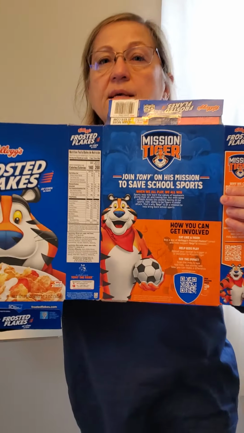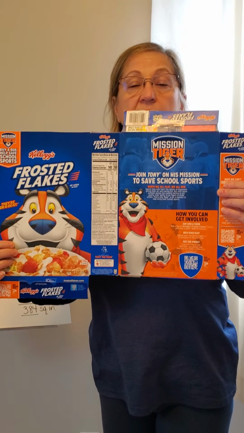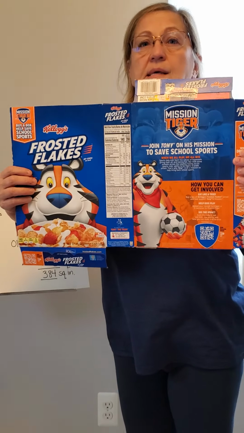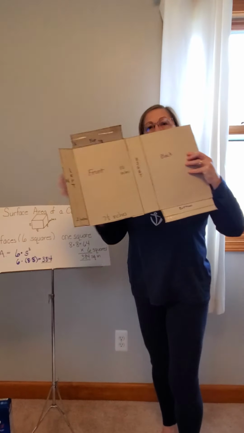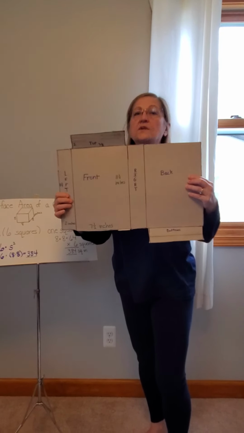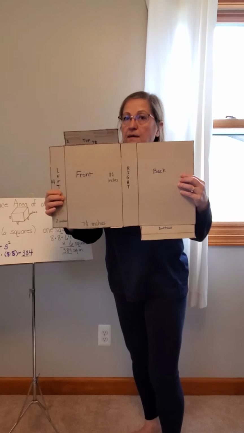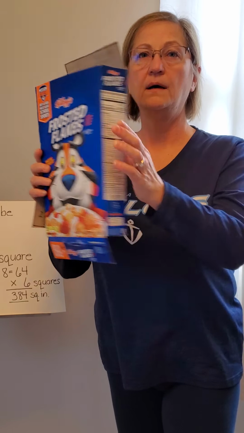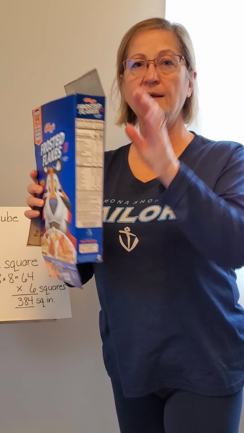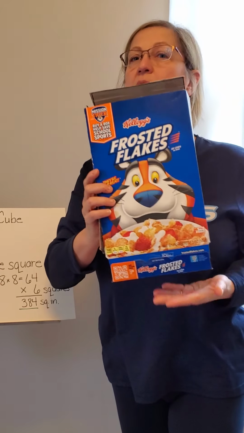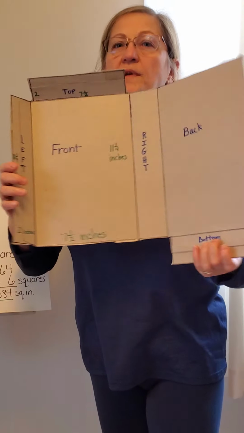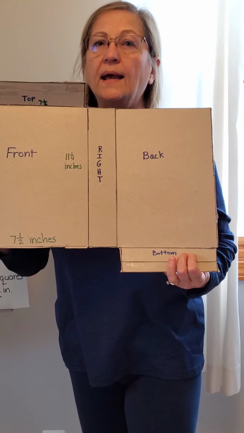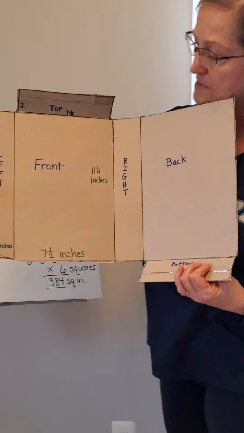The net is simply to cut the sides open and see all of the faces. There are 6 faces. There's a front that matched the back, a left and right side that matched, and a top and bottom that are congruent. So I just opened it up so you could see it better. This is called a net of that rectangular prism.